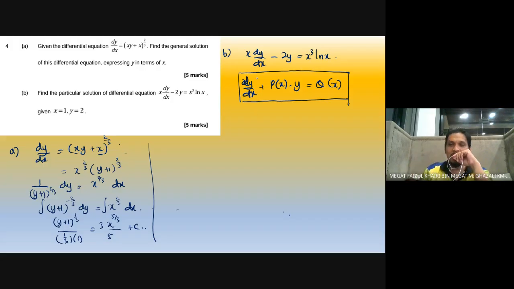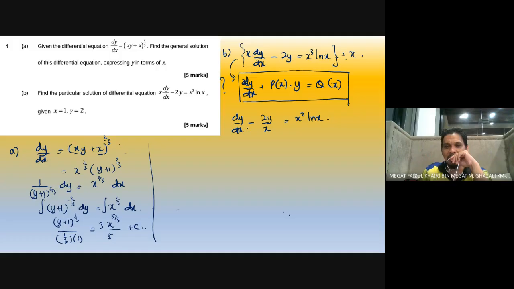So my question is, is this equation exactly in this form? You can see clearly here, this is single dy/dx. But in the question here, it's not single dy/dx. This dy/dx is multiplied with something, which is x. Meaning, we are going to divide everything by x. So then, it gives you dy/dx minus 2y divided by x equal to x cubed divided by x, which is x squared natural log of x.